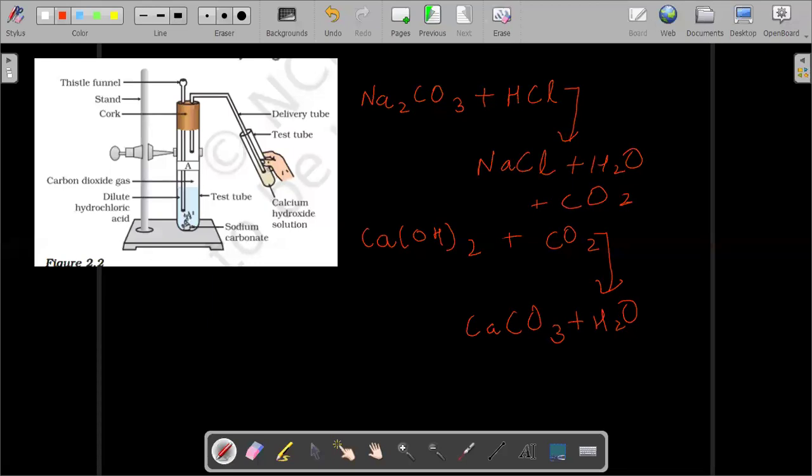See, the changes observed when calcium hydroxide combines with carbon dioxide. This is lime water, calcium hydroxide. When you pass carbon dioxide through lime water, what happens?